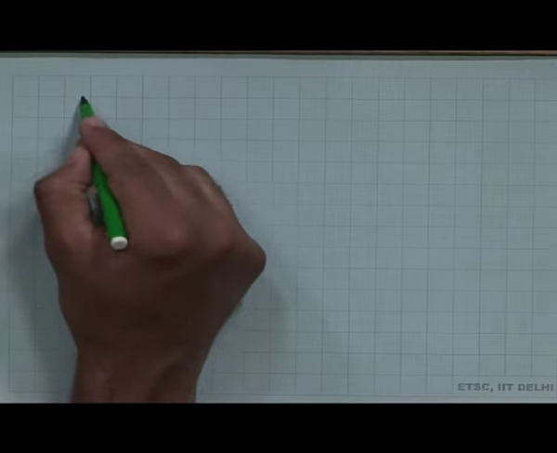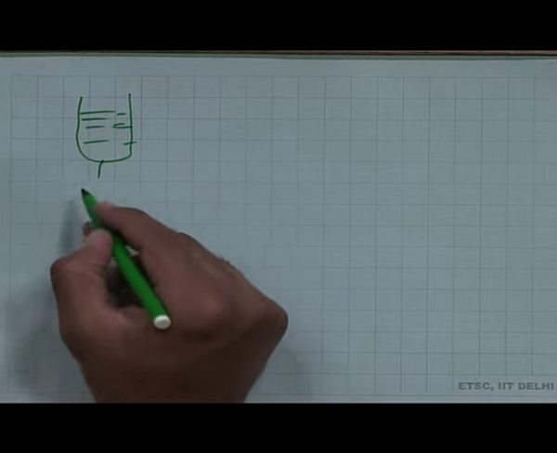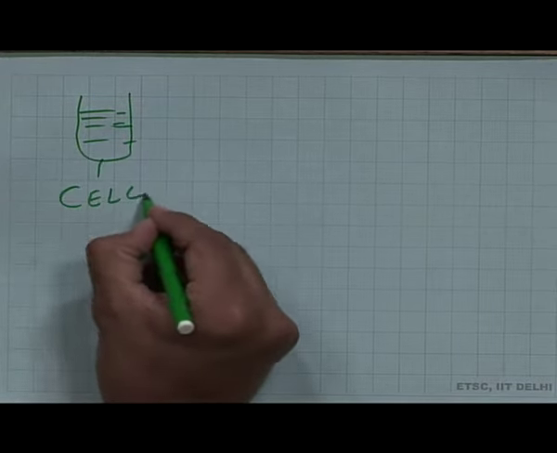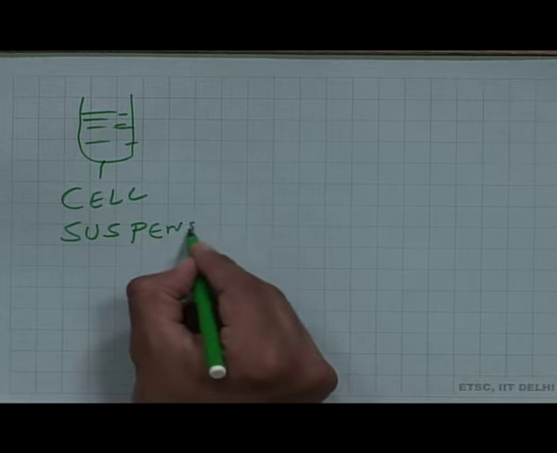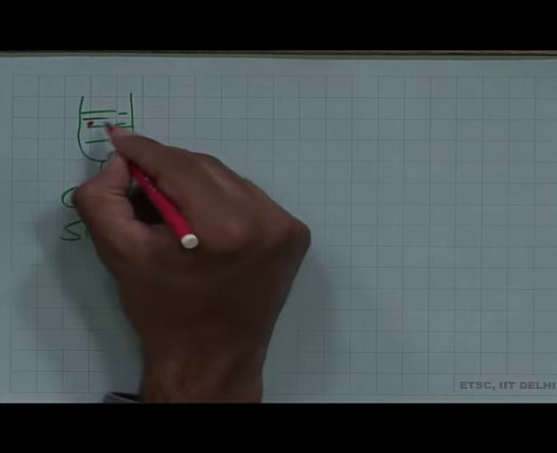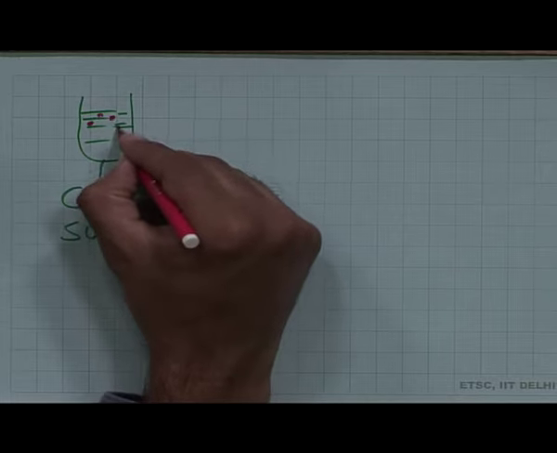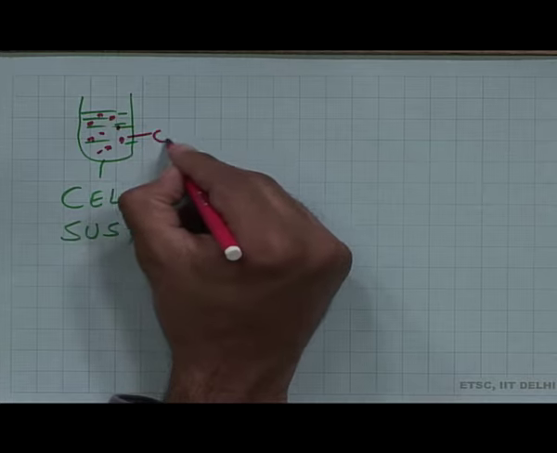Okay. So, in the plate count method, what you do is you have a cell suspension. This is your cell suspension. The red ones are your cells.